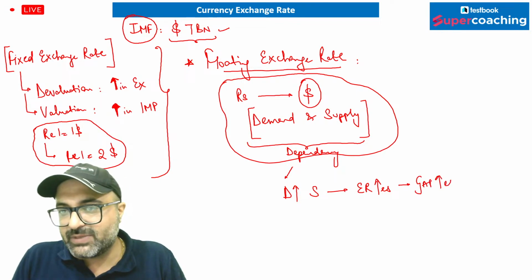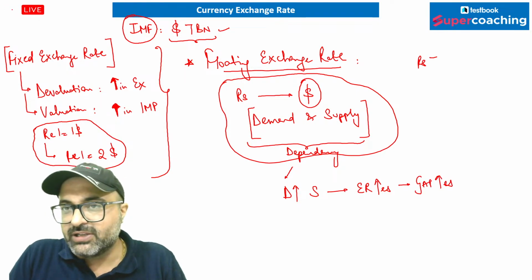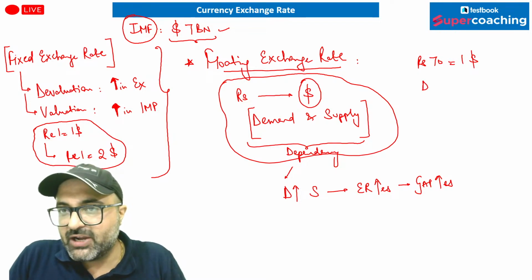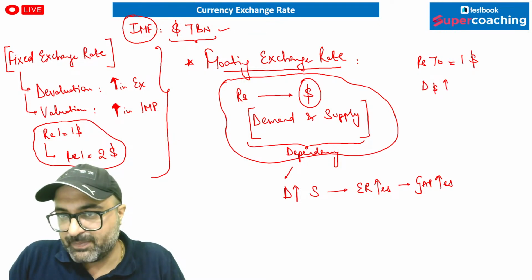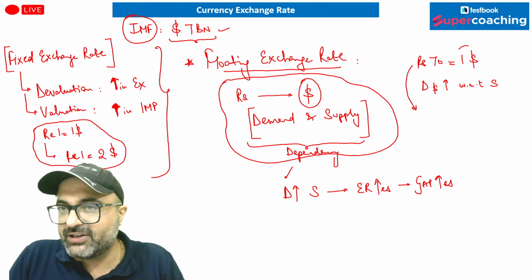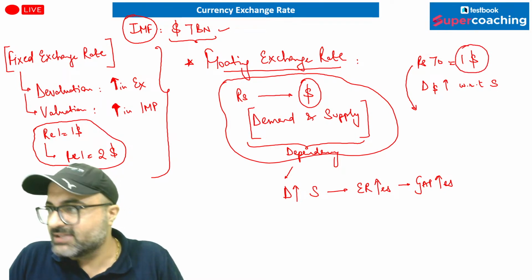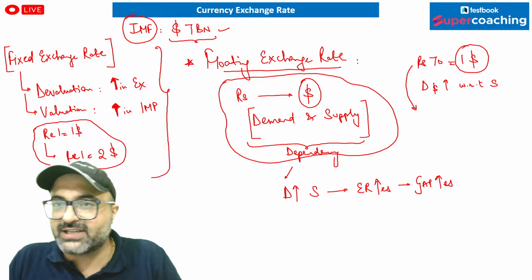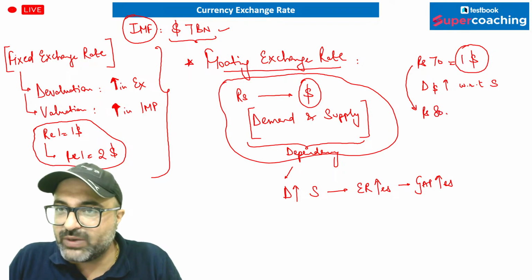For example, 70 rupees is equal to $1. If demand for the dollar increases with respect to its supply, then the price of the dollar will increase. Consider the dollar as a commodity. Then the price will increase to 80.